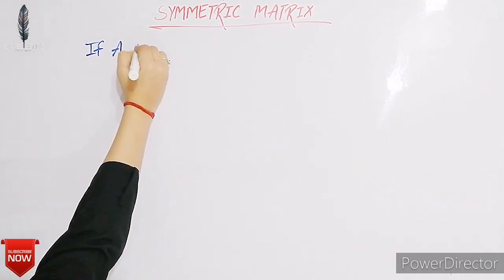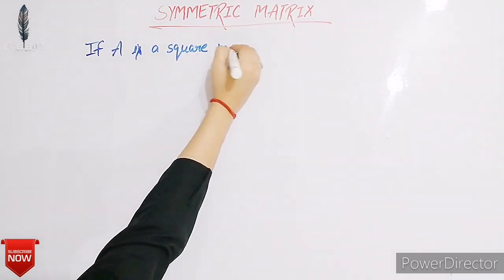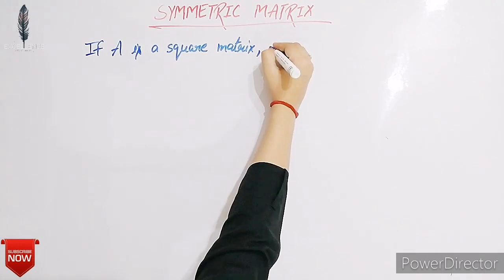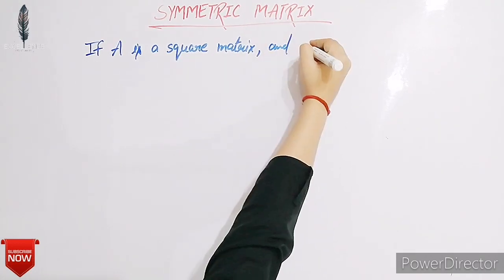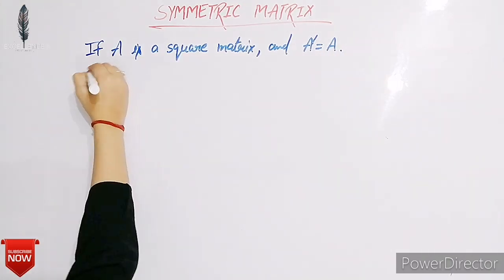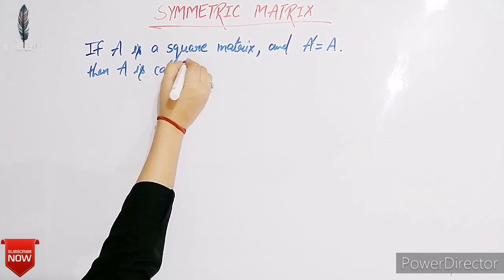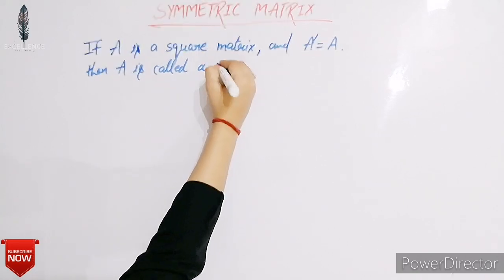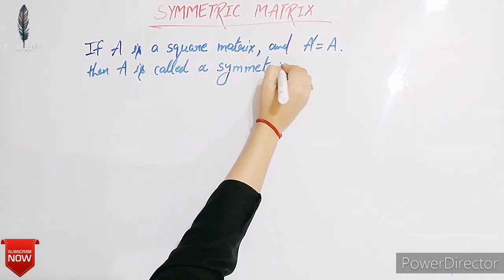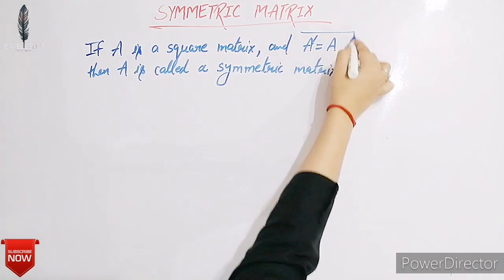If A is a square matrix and A equals to A dash, then A is called a symmetric matrix. When transpose of matrix is equal to that matrix, then this matrix is called a symmetric matrix.